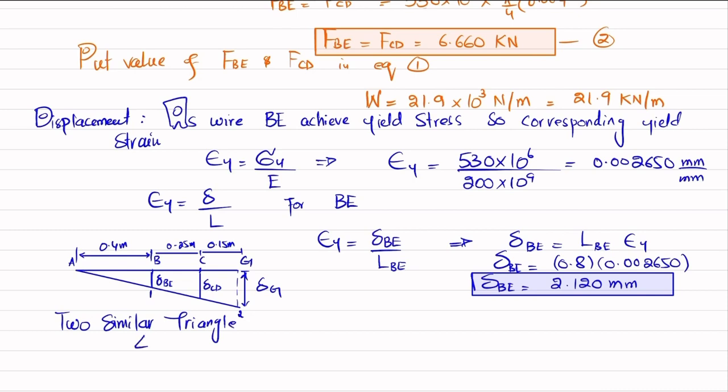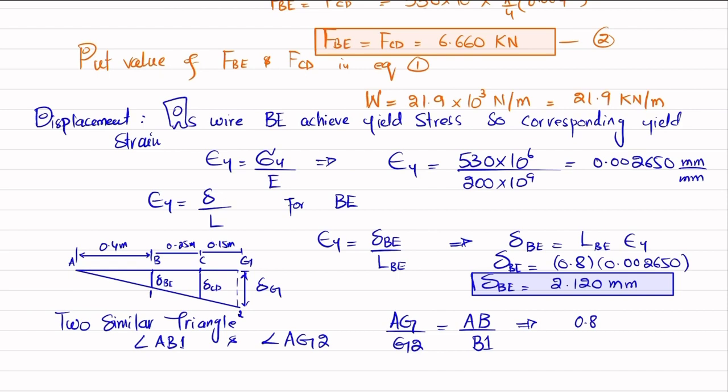So two similar triangles. The first one is right angle triangle AB1, and the other is triangle AG2. So by taking the ratio of their sides, if I take AG divided by G2, that will be equal to AB divided by B1. So AG is totally 0.8, clear.